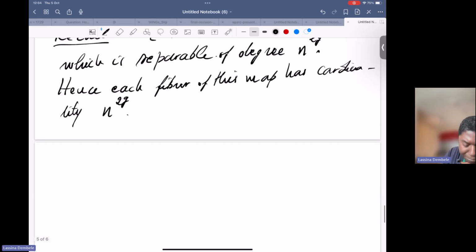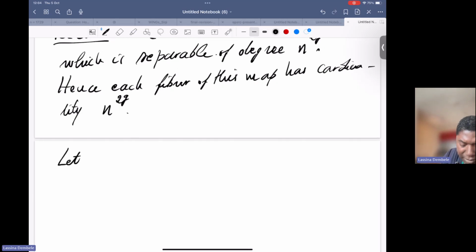Now let A[n] be the kernel of our map. So we used this notation last time.